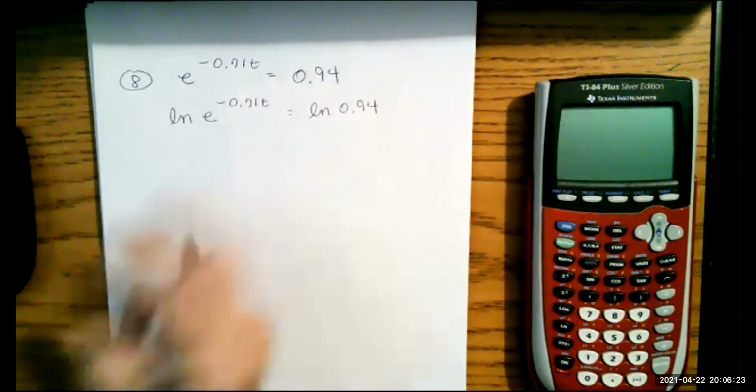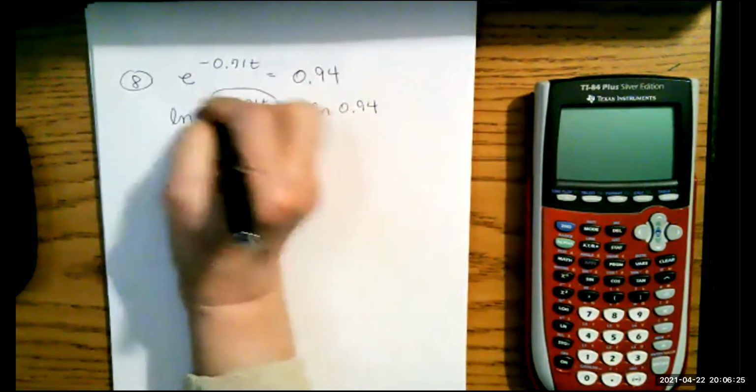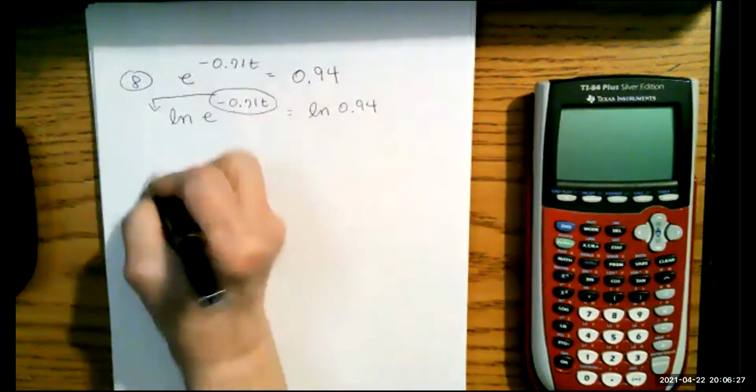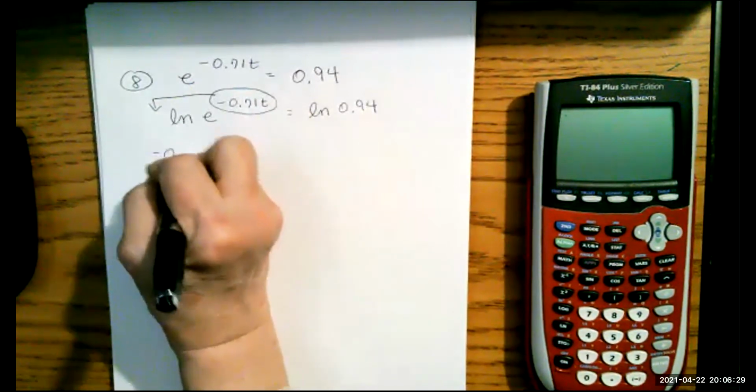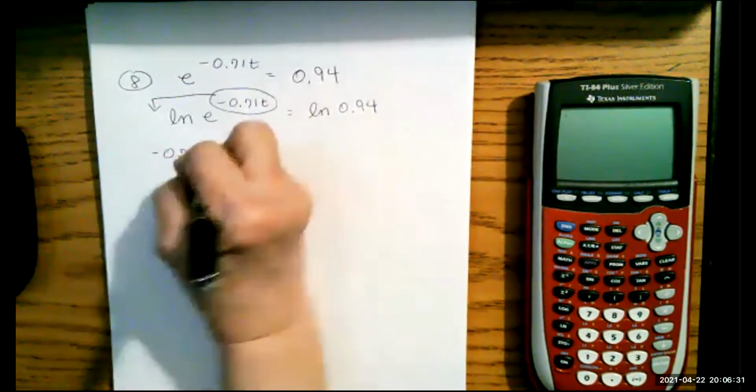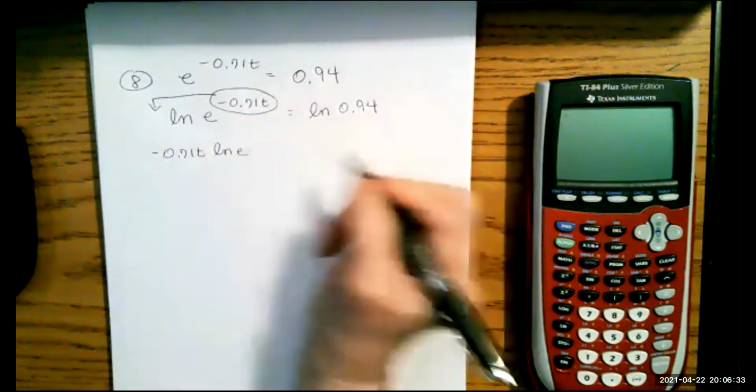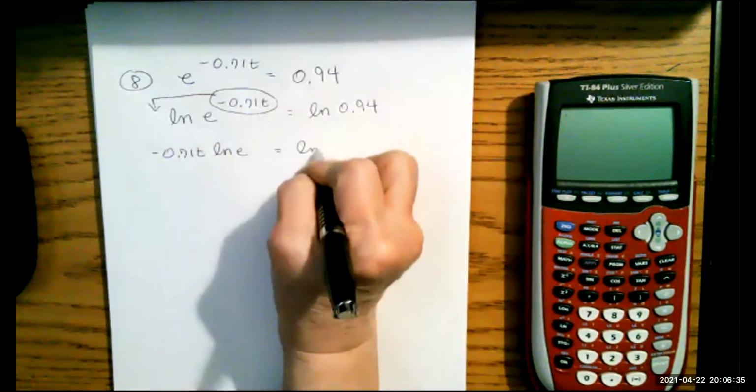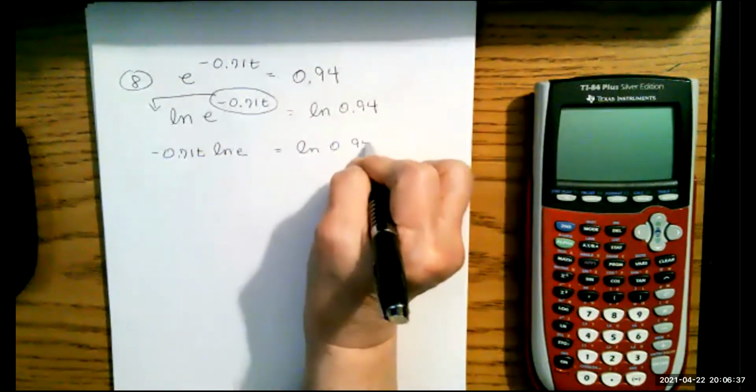Then I'm going to do the same thing. I'm going to bring this to the front. And I'll have negative 0.71 t ln e equals ln 0.94.